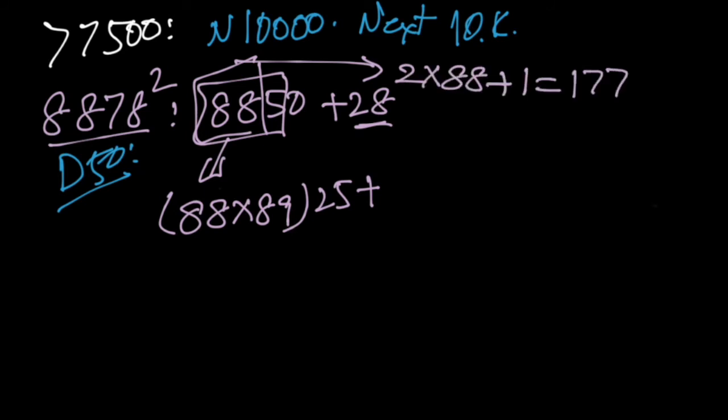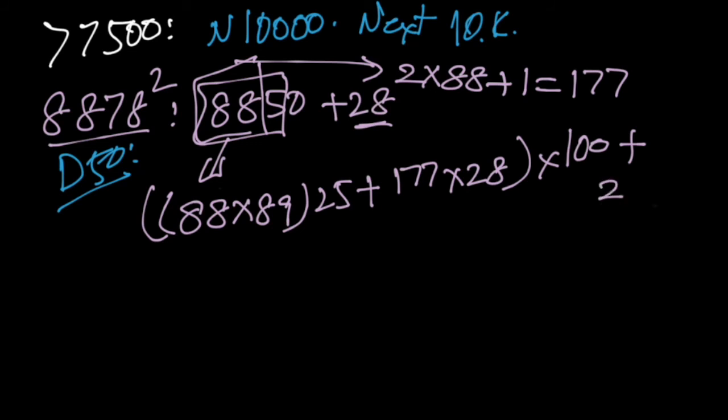So, this becomes 177 times 28, we put 100 multiplier and then we add a square of 28. So, 88 times 89 we can do from 90. So, this thing is 90 minus 2 and 90 minus 1. So, 90 times 90 is 8100 minus 3 times 90, so 270, which means it is 7830.